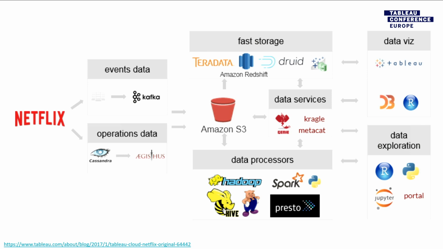Or they might choose for the analysts, for the business users, to bring that data into a fast storage solution, into something like Teradata, Redshift, but also Tableau data extracts, to then use it for ad hoc analysis or business-driven dashboards.